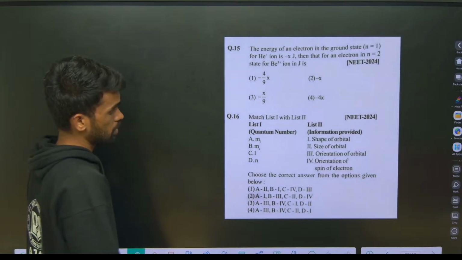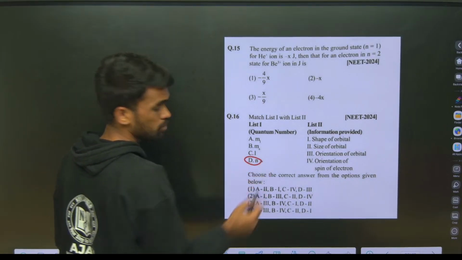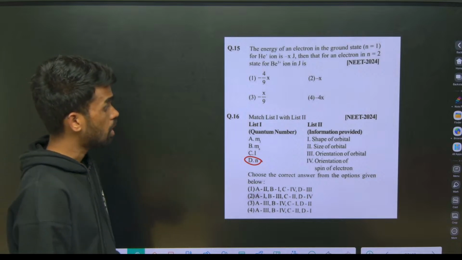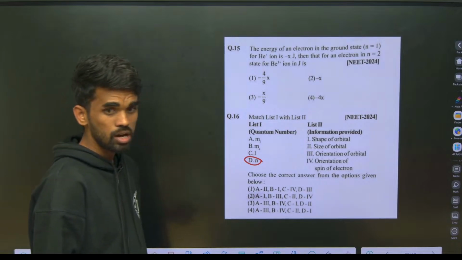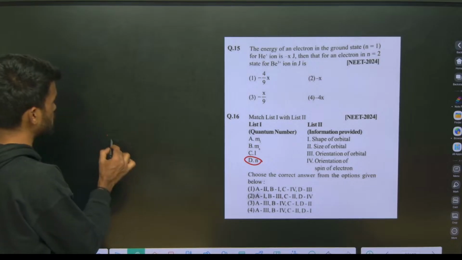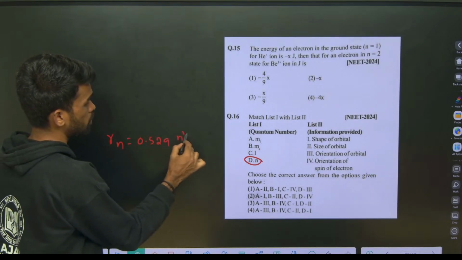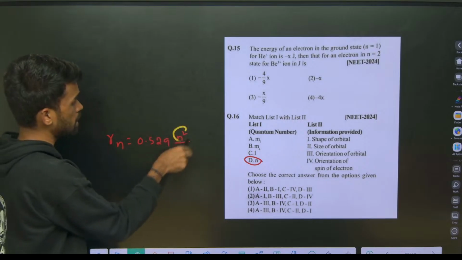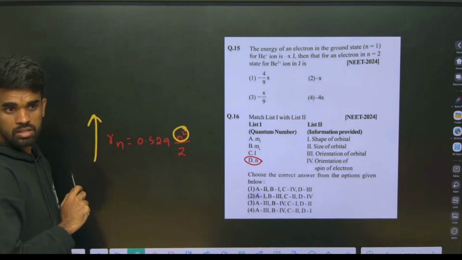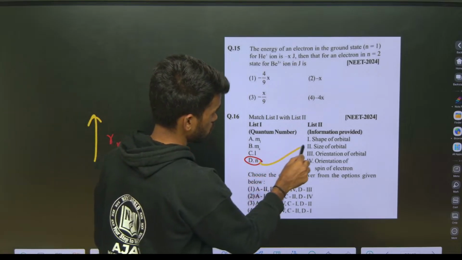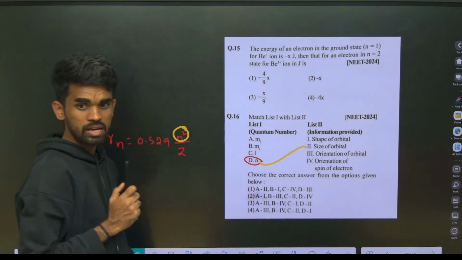Tell me about this one particularly. What is the use of n? Principal quantum number n gives the size of the orbital. If you want, what is the radius formula? r_n equals 0.529 n square by Z. So greater the n value, greater is the size. So n gives the size of the orbital, or energy also.